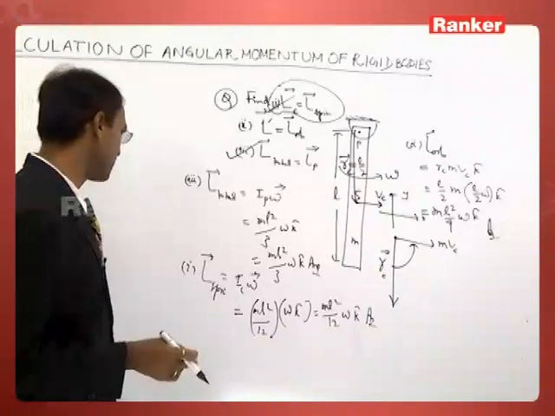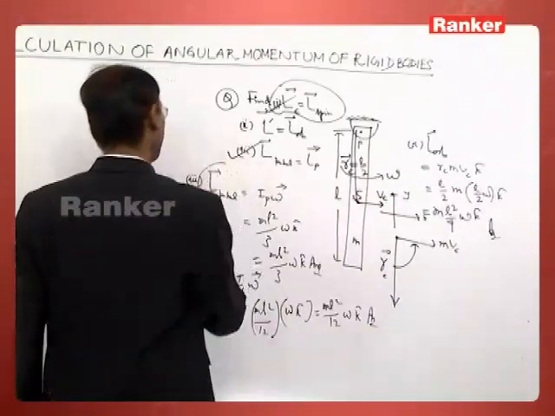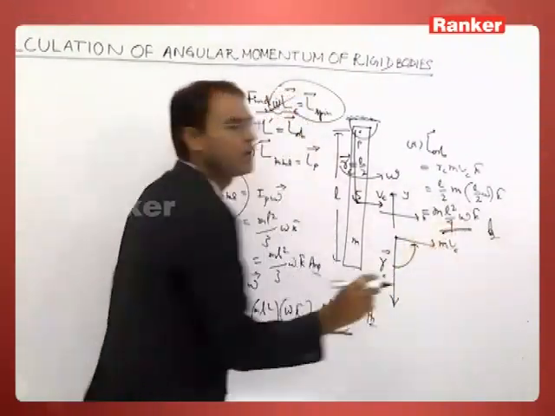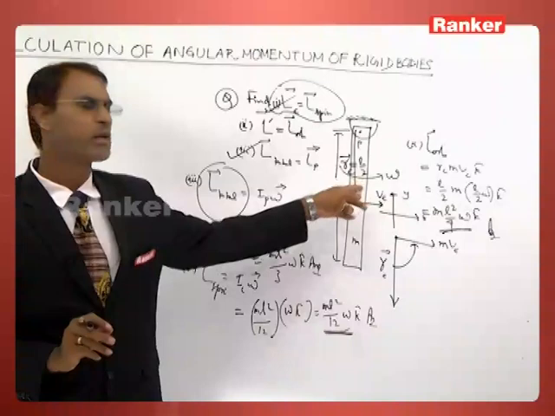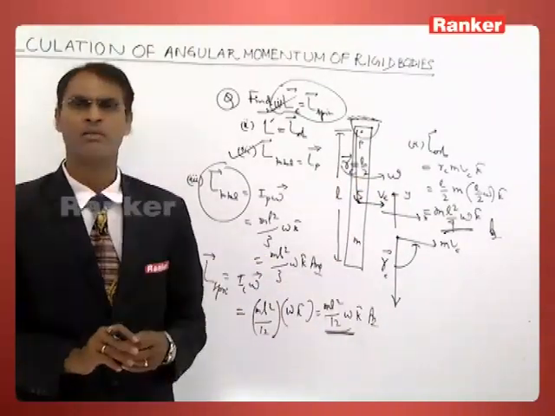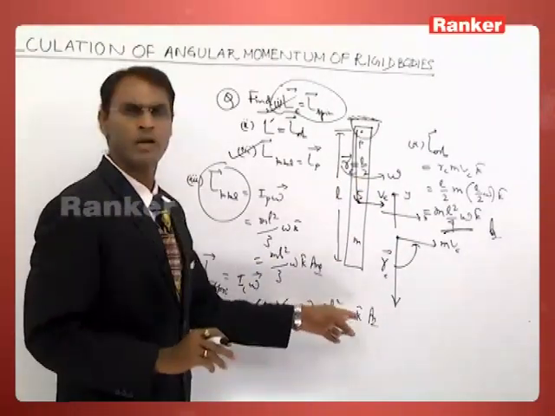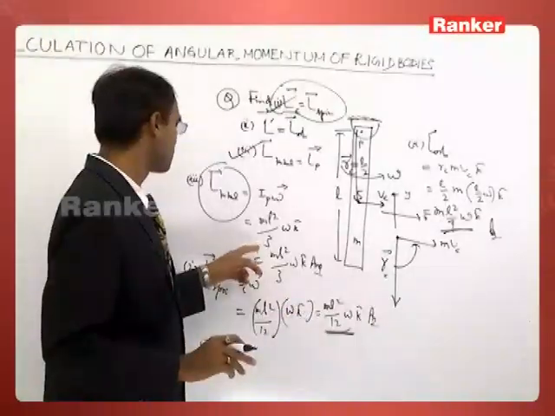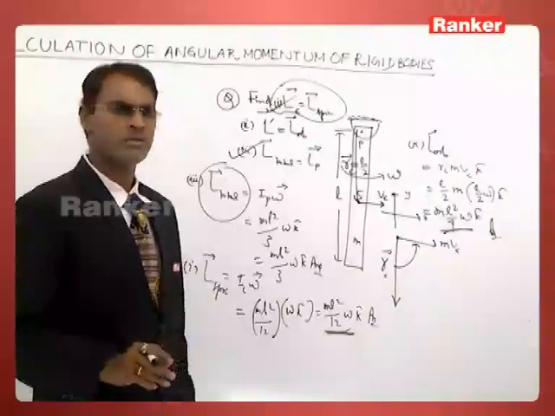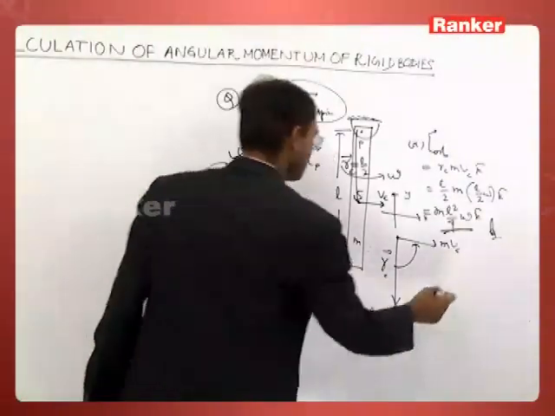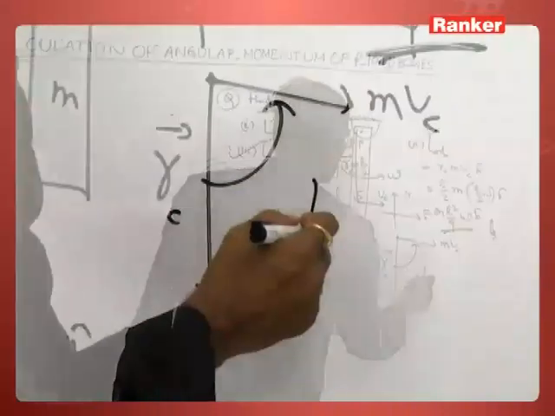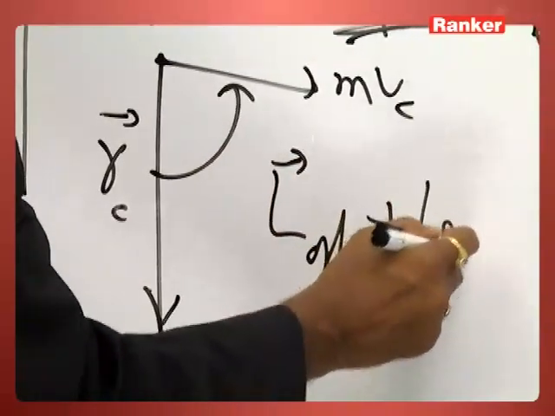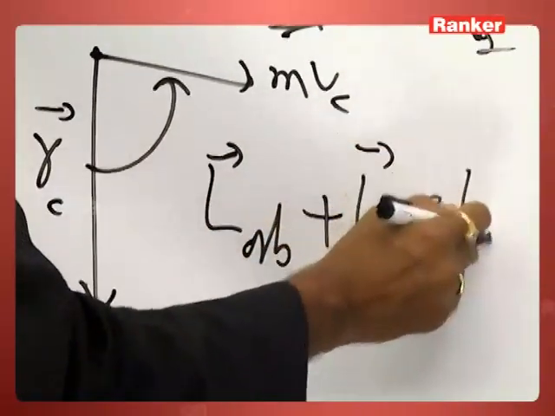And you can verify the statement that total angular momentum is equal to spin angular momentum plus orbital angular momentum. If you add these two angular momenta, obviously you are getting total angular momentum. m l square omega by 12 plus m l square omega by 4, you are getting m l square omega by 3. So L orbital plus L spin is equal to L total.